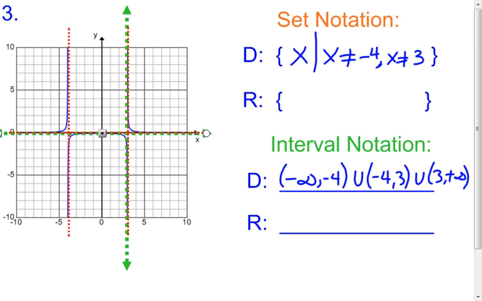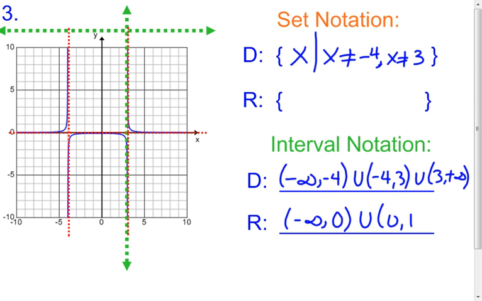This is the only spot I won't intersect a blue line, and then of course all the way up. So I will intersect that blue line from negative infinity up to 0, but not 0, and then from 0 up to positive infinity. And in set notation, it would look like this: your y value cannot be 0.